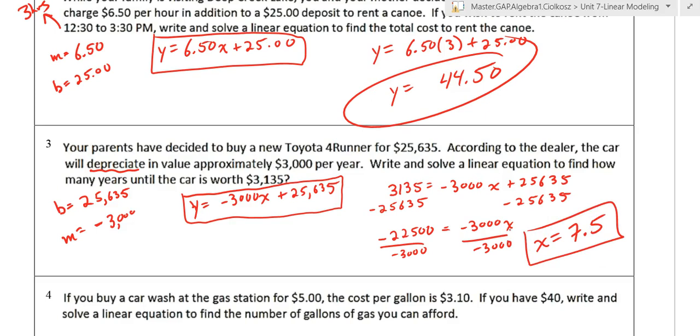So here we got our equation. We find out that in about 7.5 years, that's when the value of the car is going to be $3,135.